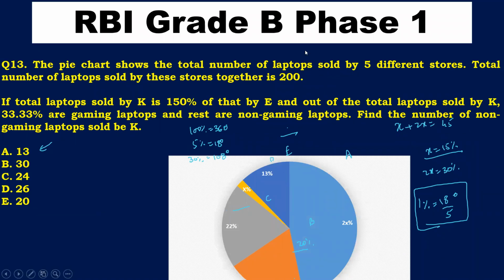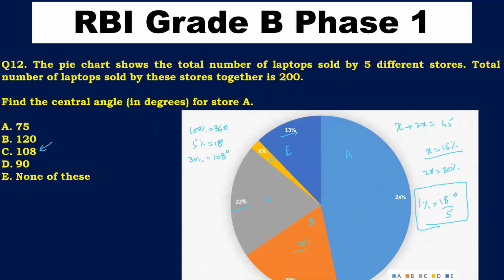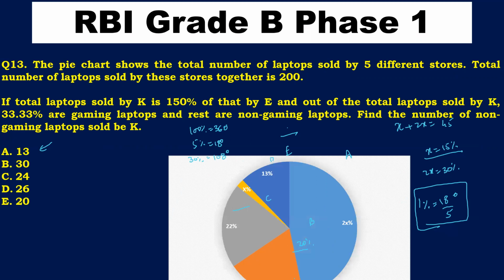If the laptop sold by K is 150% of E, total number of laptops sold by these stores together is 200. That is known.